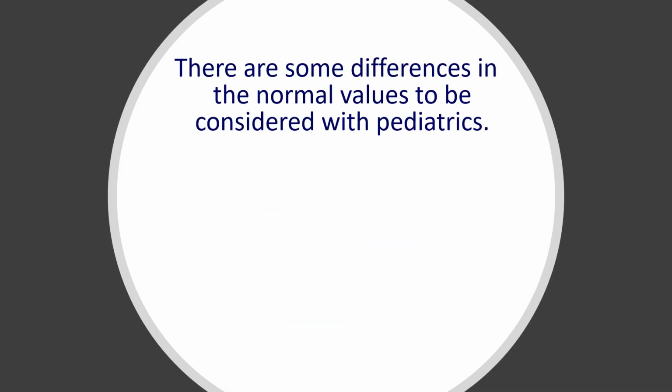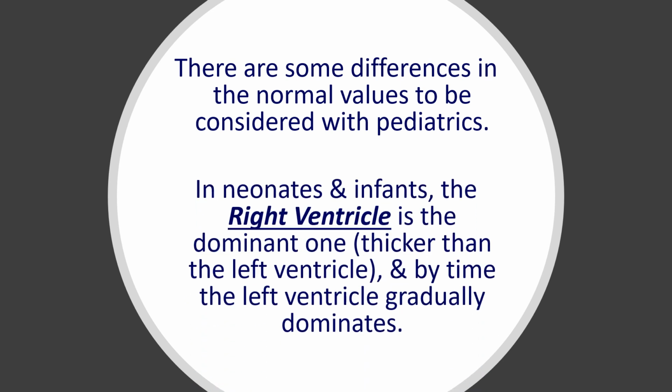So two big things to be aware of. First, that the normal values are different. So there are special considerations in terms of what's normal for the values for pediatric ECGs compared to adults. And the second important fact that you'll need to be aware of is that in neonates and infants, the right ventricle is the dominant one.